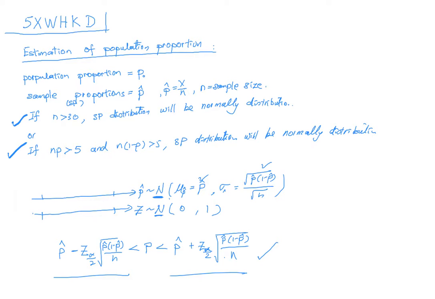So we state this statement just to ensure that our sample distribution, whether it's for proportion or mean, is normally distributed. Then only we can apply this formula. This comes from the z-score, which is from the normal distribution. You get what I mean?